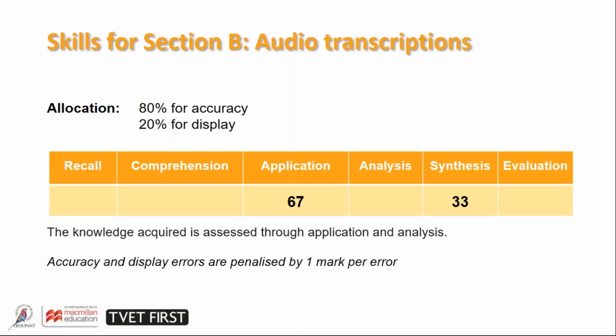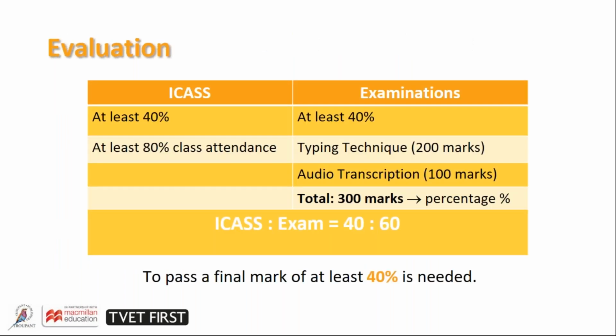So they are literally going to be focused specifically on typing, and then the manipulation will come afterwards. This is relevant for both section A and section B. Just keep in the back of your minds that 80% is for accuracy, and that is literally what we are teaching them from the beginning to the end.